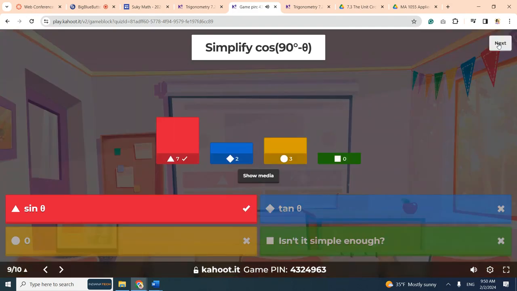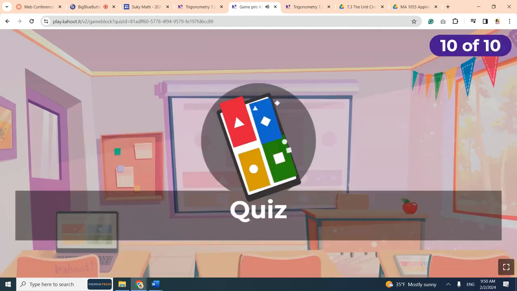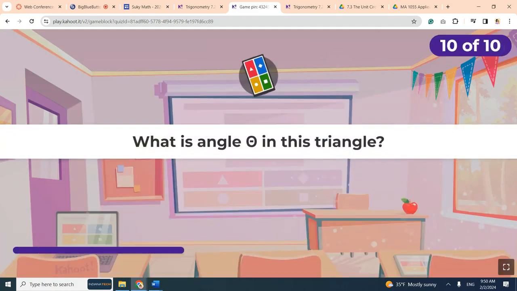Yeah, sine theta. Right. How about if I put tangent? Then the answer is cotangent. I put secant, cosecant. Exactly. So cofunction of the complementary angles. Yes. Okay, last question. What is the angle in this triangle?